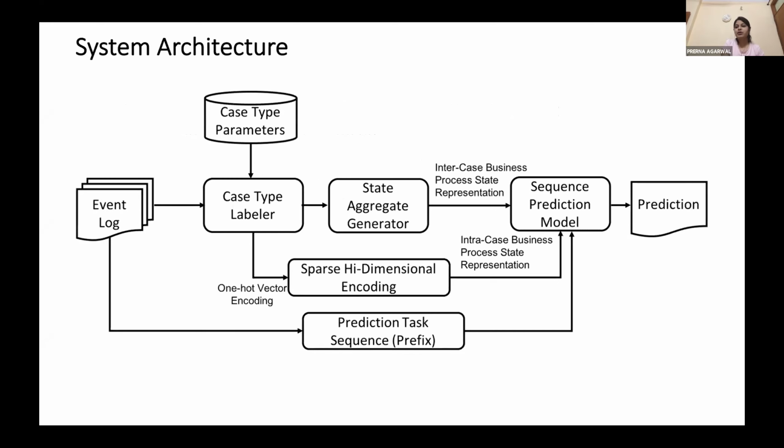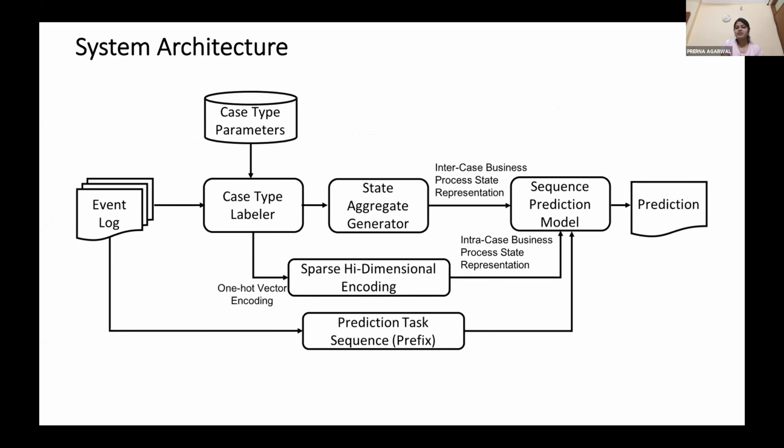So an overview of how the system looks is that we take an event log which gets passed into a case type labeler. Why we require the case type labeler is something I'll be explaining in the further slides with each module in detail. The case type labeler basically handles different types of business domain attributes.